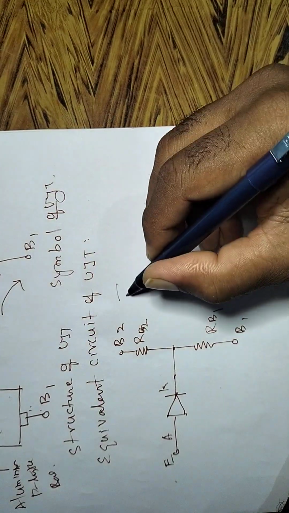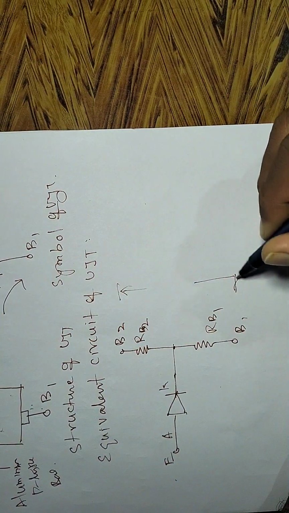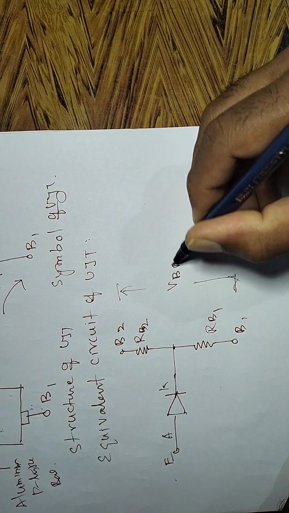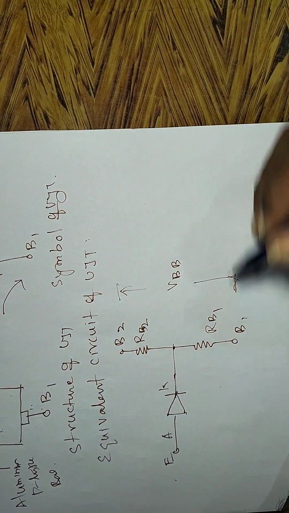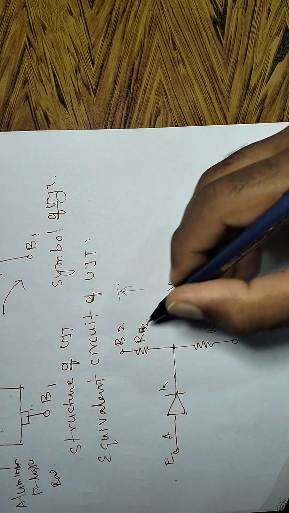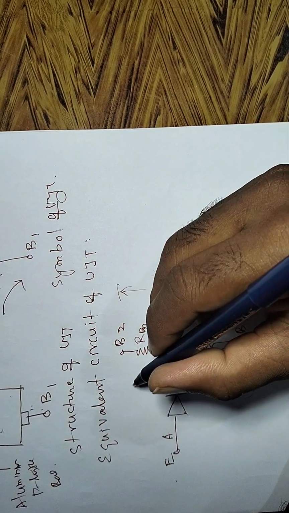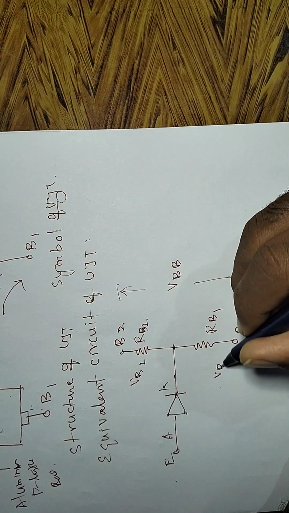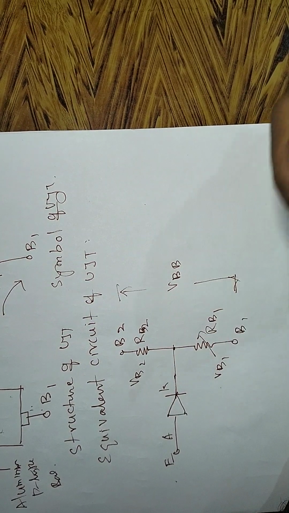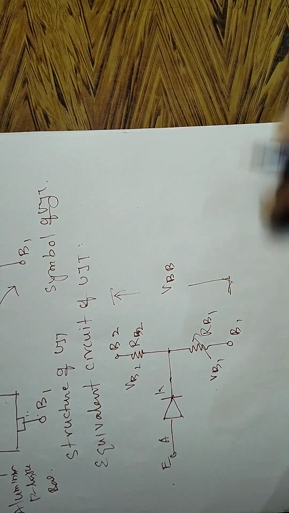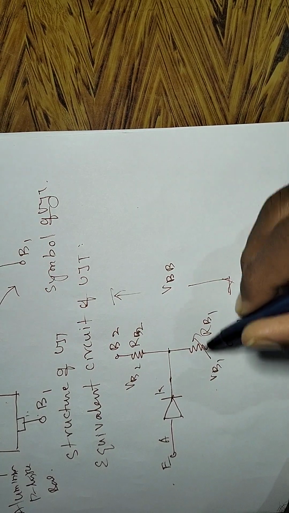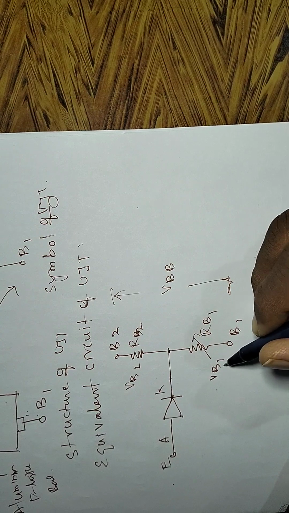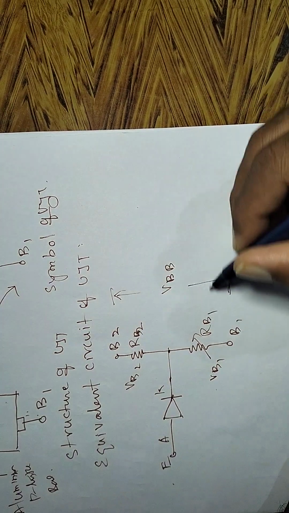Now based on this circuit we are going to apply the voltage. Between base 1 and base 2 you apply the VBB voltage, and this voltage drops across RB2 as VB2 and across RB1 as VB1. This is a variable resistor, and the drop across it is VB1, which comes from the total applied voltage.